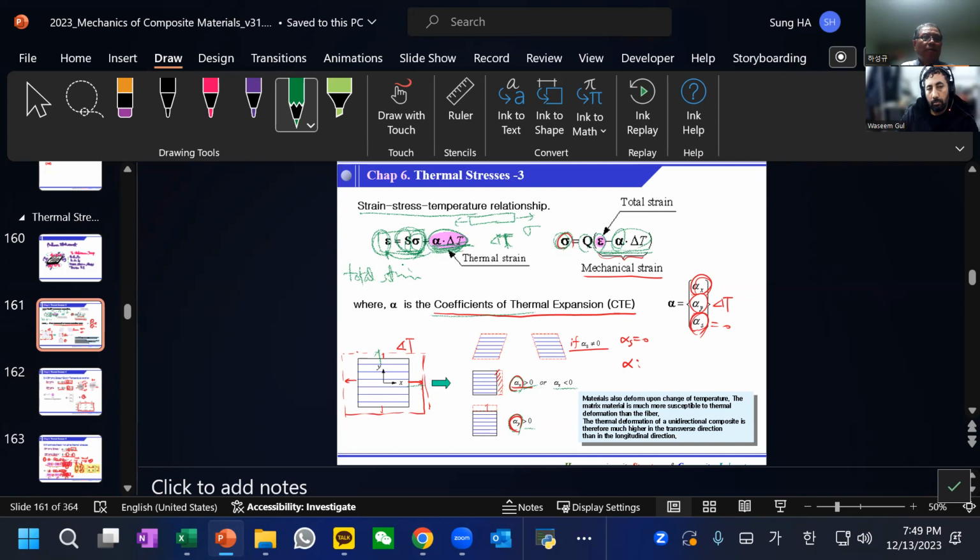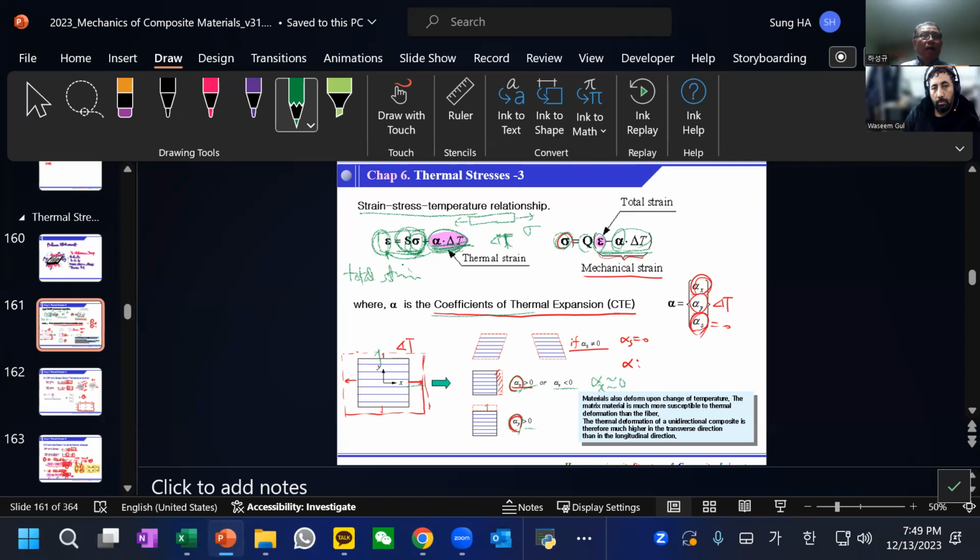Also, a very important point in composites is that carbon fiber has almost zero CTE, so in a carbon ply alpha X is a very, very small value. So any structure made of carbon fiber doesn't deform with different temperatures. That is a very important and sometimes very useful feature of composites.